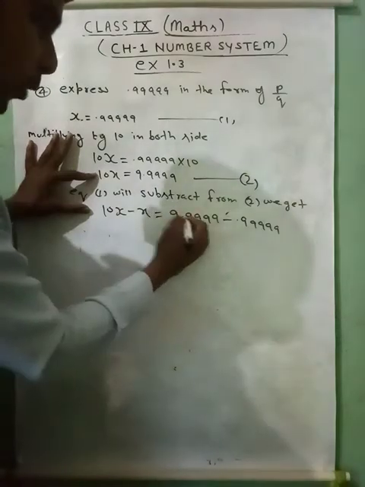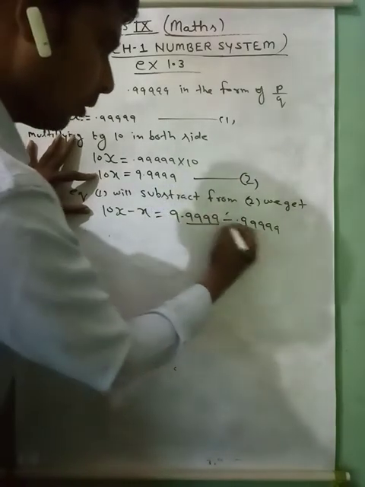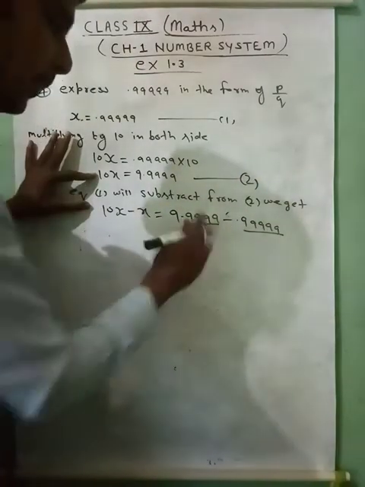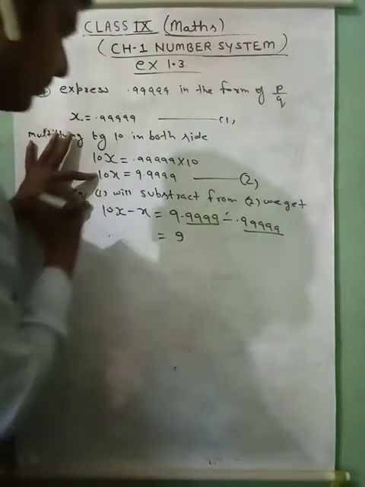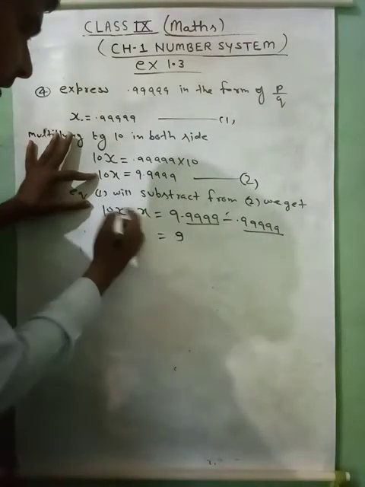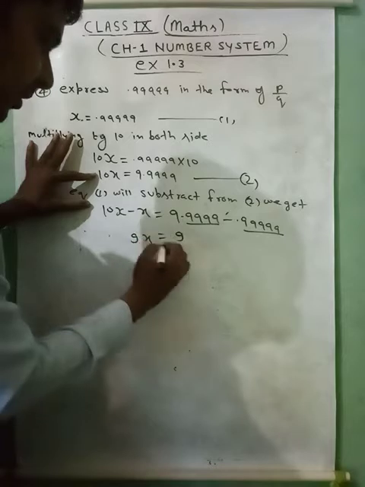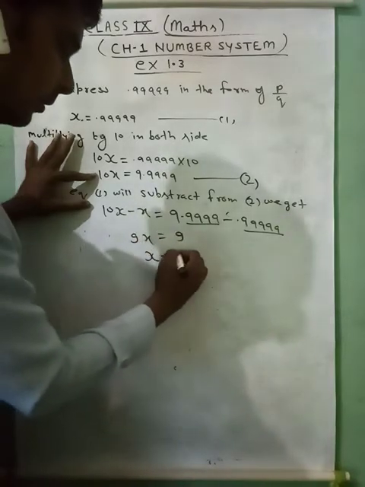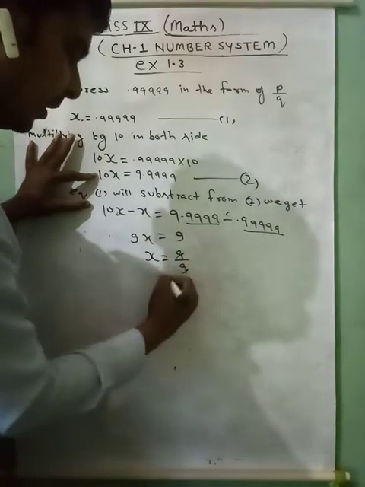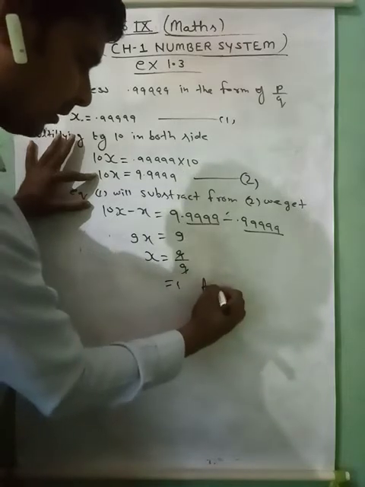Always remember, after the point all digits will be removed. It means the digit left here is 9 and here it is 9. So 9x is equal to 9. So x will be 9 by 9, which means 1. It's 1, sir.